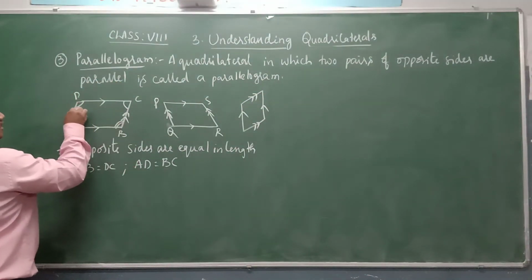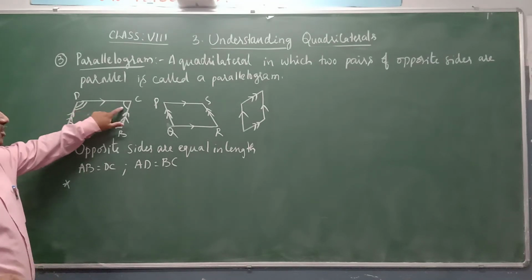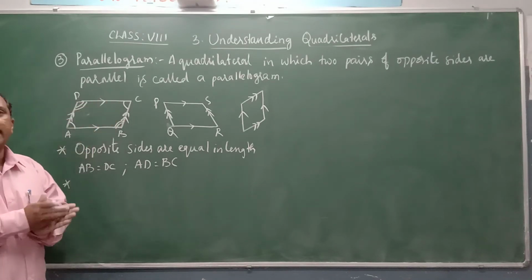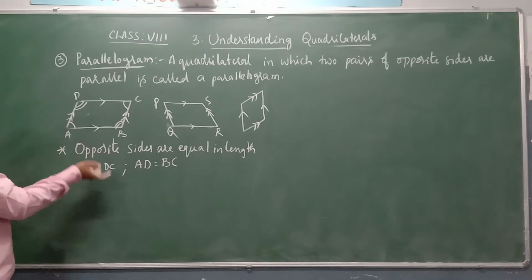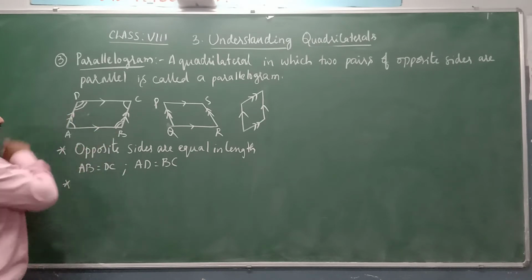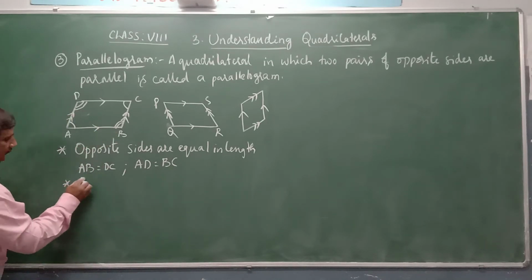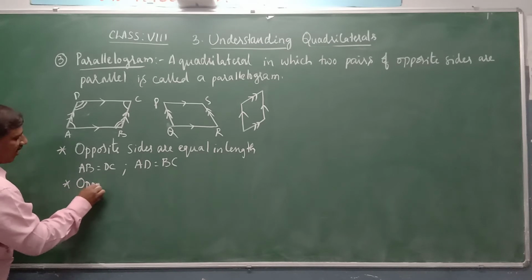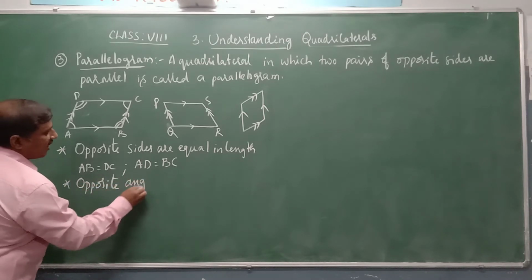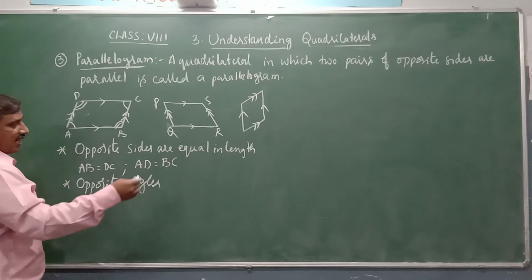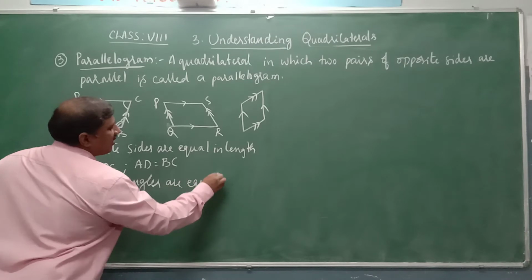What about the measures of those opposite angles? Measure angle A and measure angle C. We find they have the same, equal measure. Similarly, angle B and angle D also have the same measure. That is, opposite angles are equal in measure.